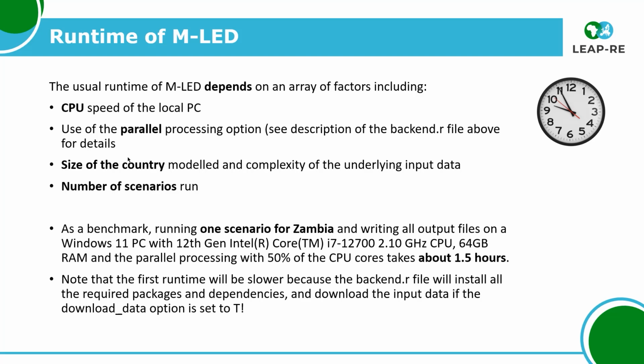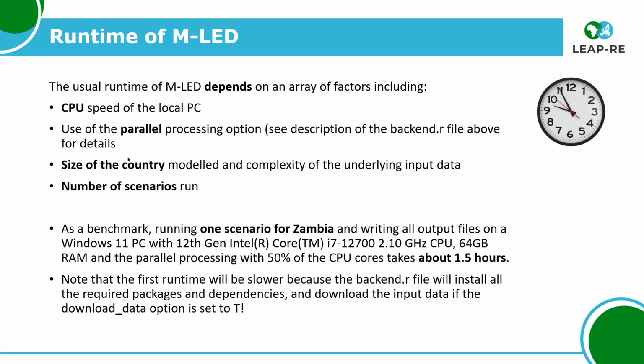Also, the size of the country and the complexity of the underlying input data matter a lot. So a small country will be completed much faster than a very large country due to the lower amount of calculations to perform. And also the number of scenarios, right? So we can, from the MLED hourly file, decide whether we want to run 1 scenario, 2 scenarios, or a larger matrix of scenarios. And depending on this, of course, the total runtime will multiply.